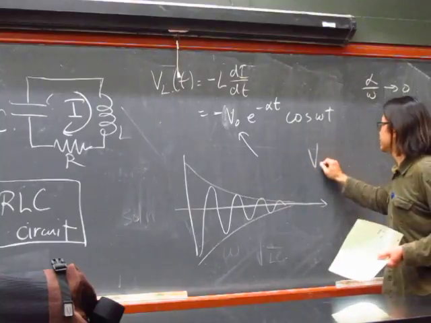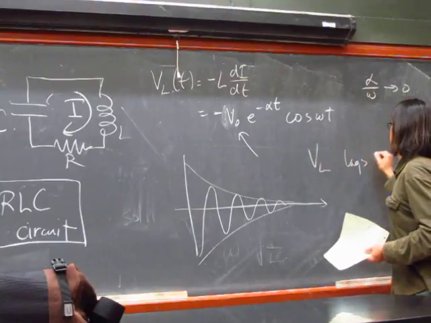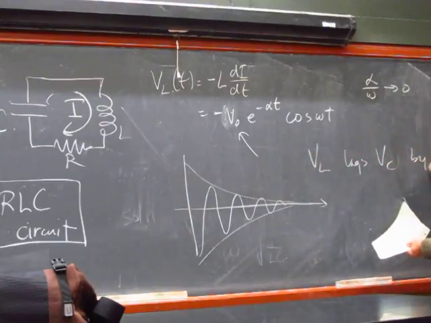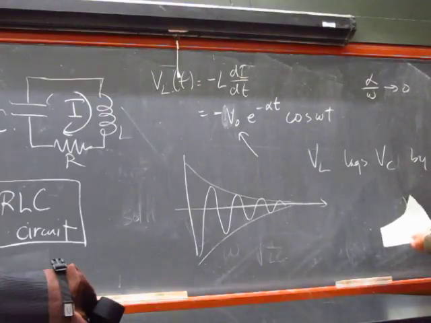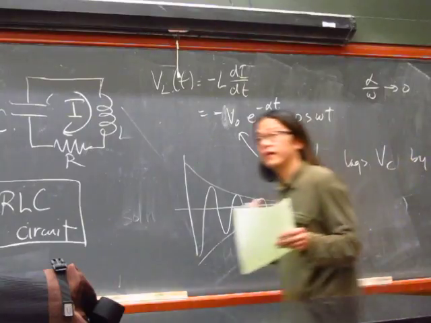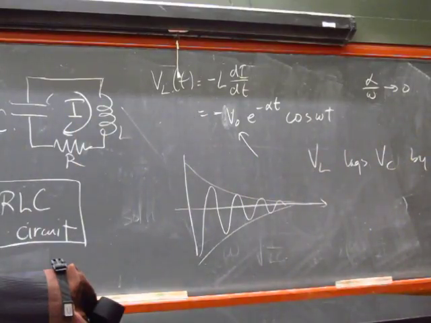So the voltage across the inductor lags DC by R, or 100. And in general, this is always true.